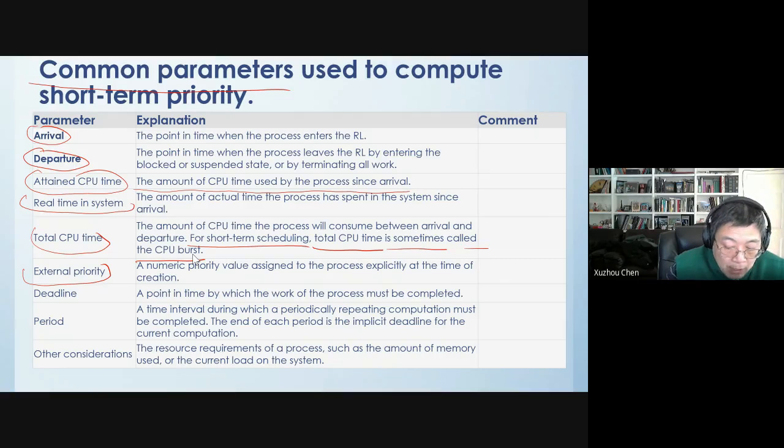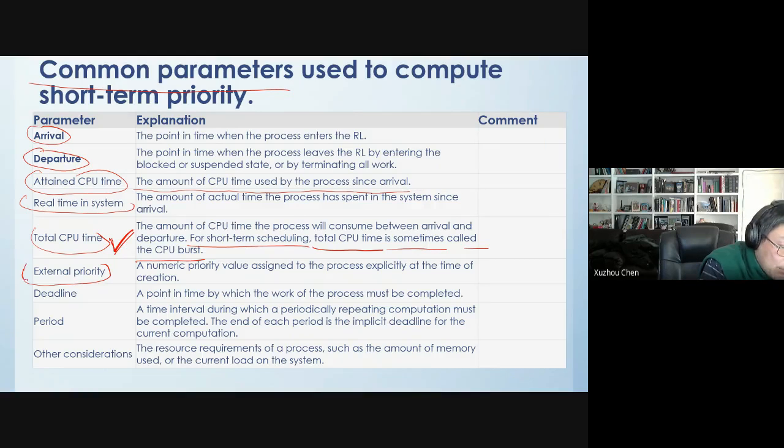Process 3 has 10 seconds, so once it grabs the CPU, it will stay for at least 10 seconds. That's one of the very important criteria to decide who's going to be the next one.